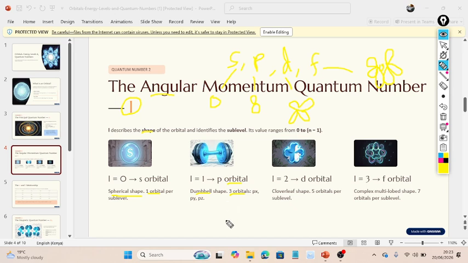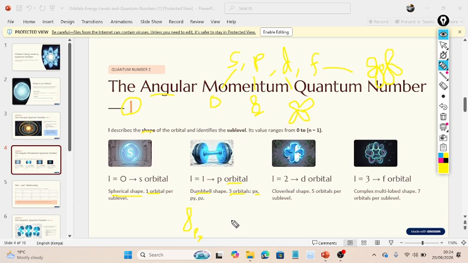It's the orientation of each of the sublevels in relation to the Cartesian plane. So for example, we say the p orbitals are dumbbell shaped, a dumbbell like this. You can get a px orbital, which aligns on the x-axis.